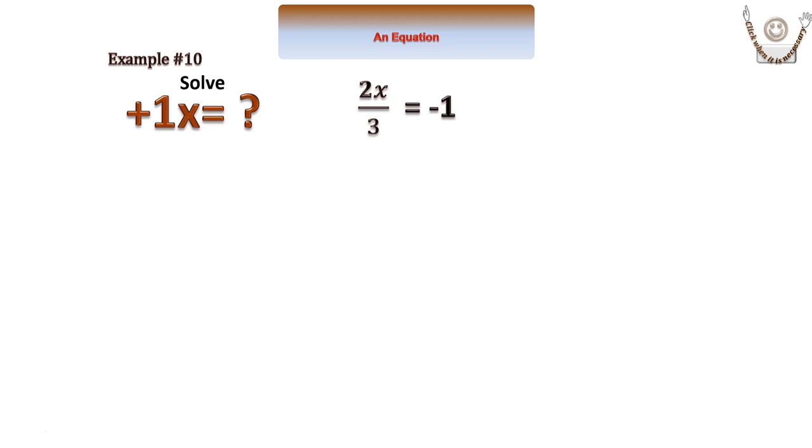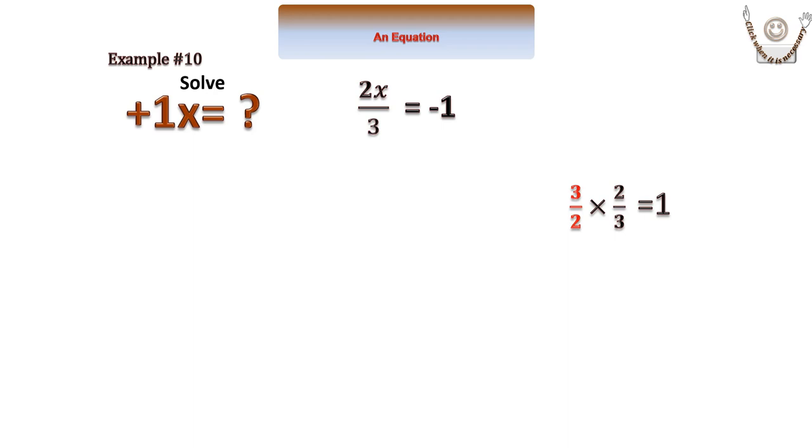Next example. 2 over 3 times x is negative 1. And we have to solve for positive 1x. We have to have 1. How can we get 1? On your right you can see 3 over 2 times 2 over 3 will be just 1.